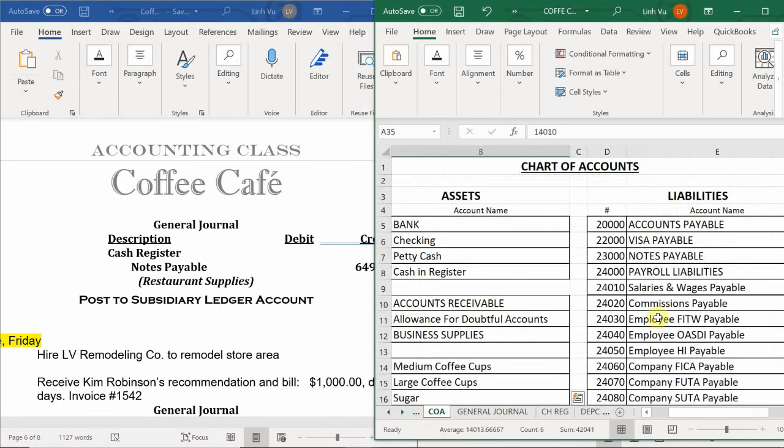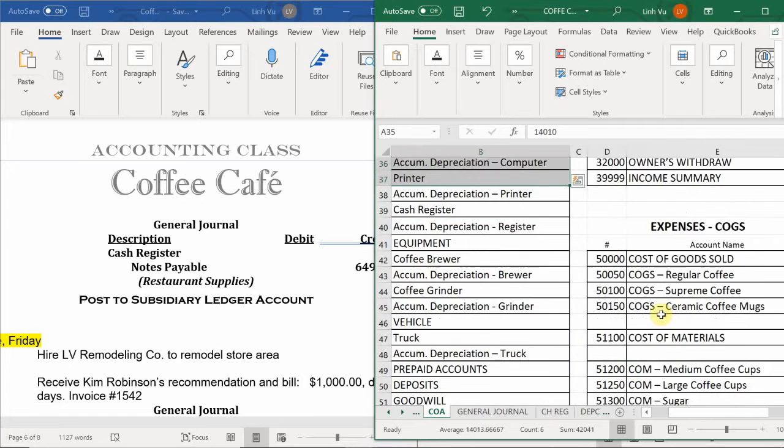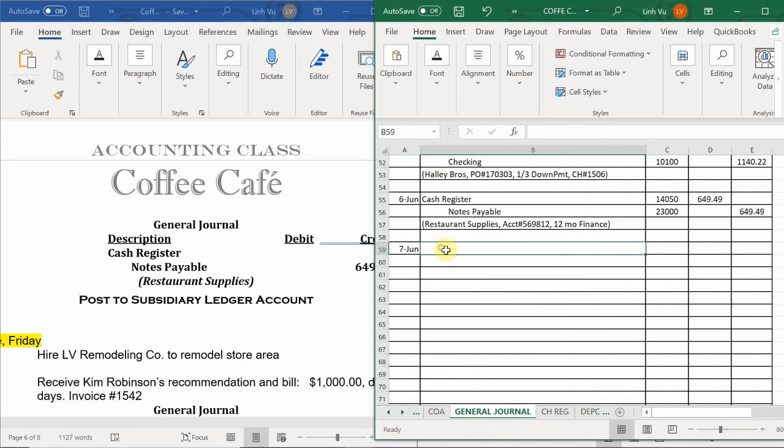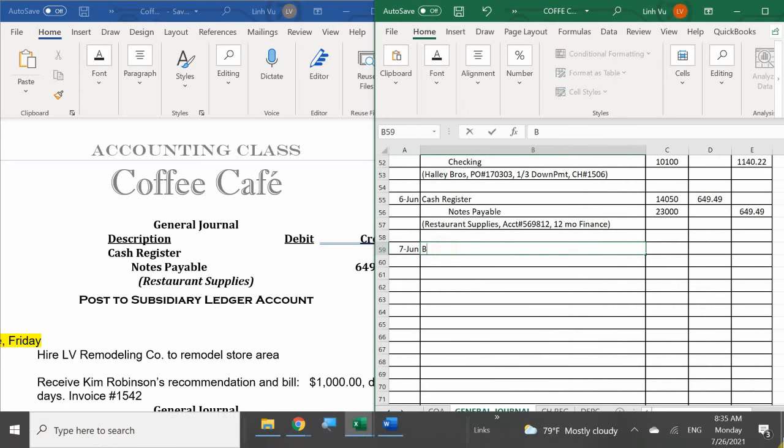All right, let's take a look at that business expense account. What is my business expense account? 6,200.